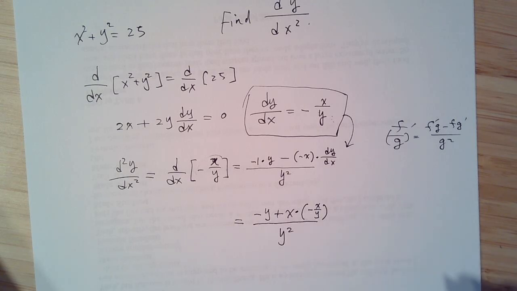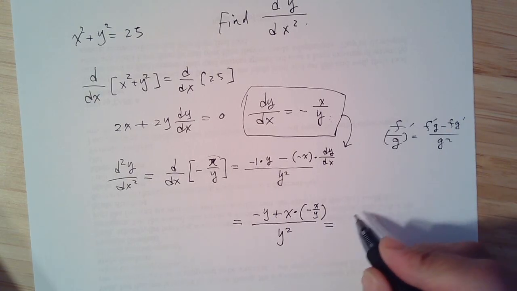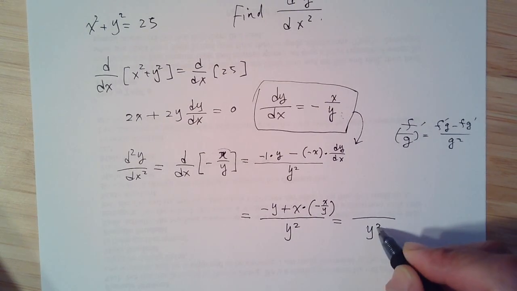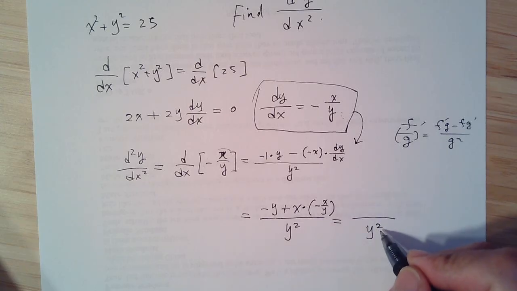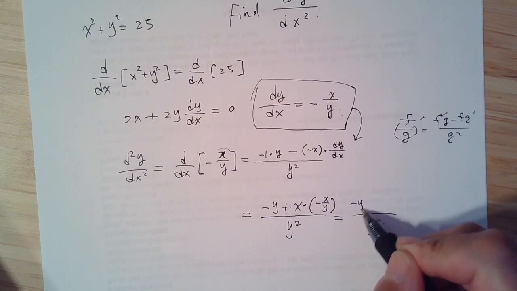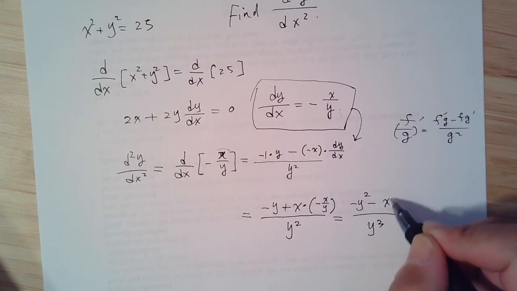I still have a y squared on the bottom, and then I multiply by y everywhere, so I get a y cubed. And here I get a negative y squared because I multiply by y, and then negative x squared.